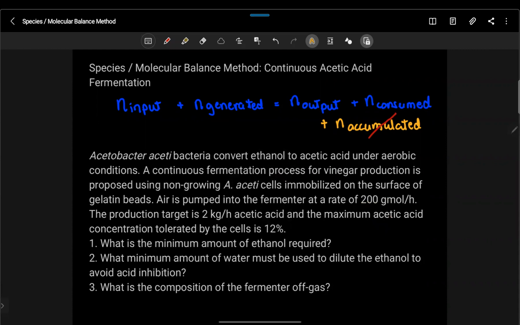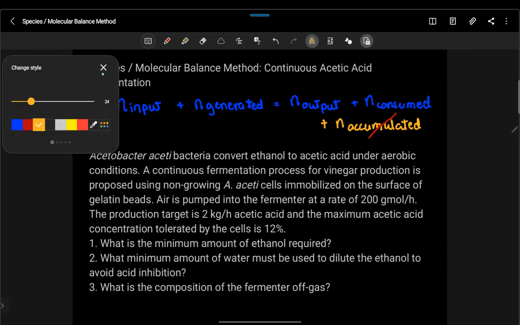The production target is 2 kg per hour acetic acid, and the maximum acetic acid concentration tolerated by the cells is 12%. What is the minimum amount of ethanol required? What minimum amount of water must be used to dilute the ethanol to avoid inhibition? And third, let's calculate or determine the composition of the fermenter off gas.